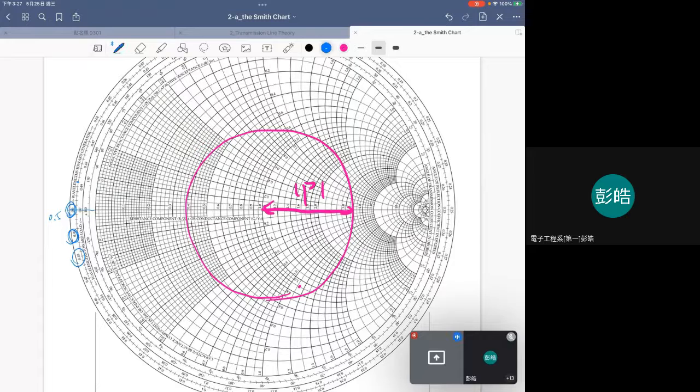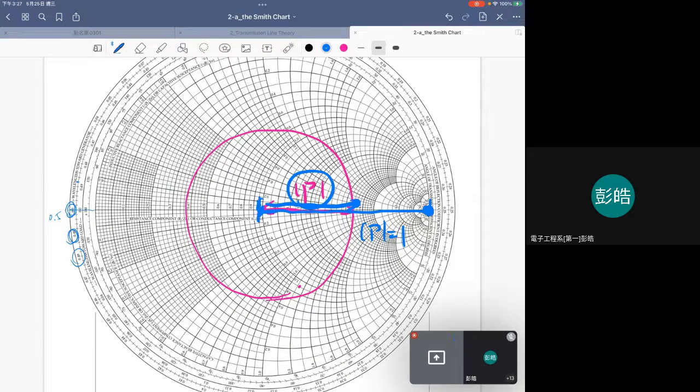This is 1 from center to this one. This is reflection coefficient equals 1. This is the circle for the open and also the short. Open is this point. Short is the outside of the circle. Okay. So this is gamma, the absolute value of gamma.